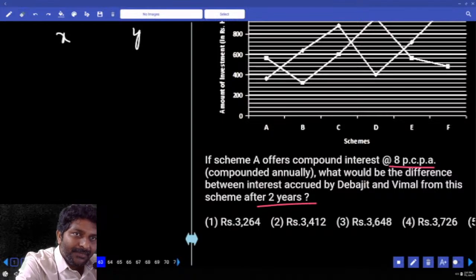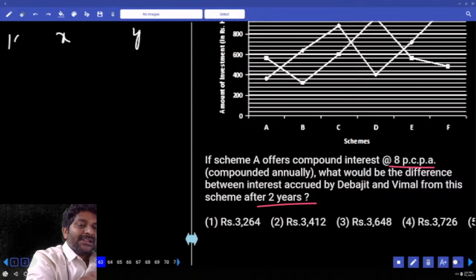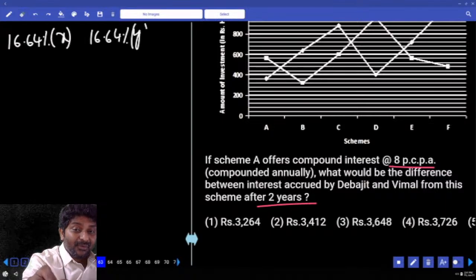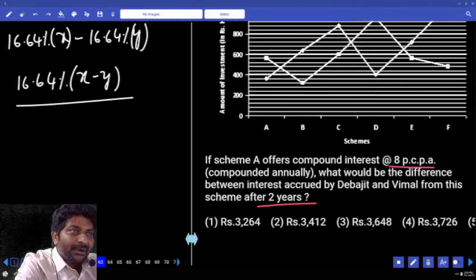Do you all remember? 8 plus 8, 8 square by 100, total 16.64%. That means we have to calculate 16.64% of X and 16.64% of Y and find the difference. That is the same as the difference of their principals first, and 16.64% calculated on X minus Y. We can do the same, right?